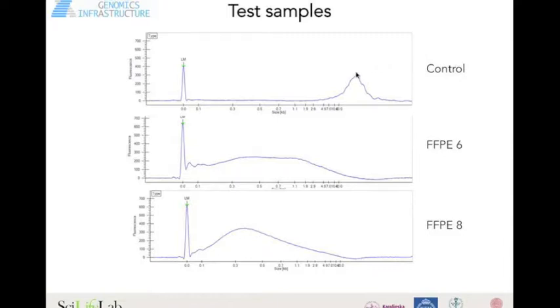You see that most of the genome is above 40 kb. Here we have two examples of bad FFPE samples which we processed, where you see that this is, for instance, 300 bases. So you see that most of the sample is degraded, and for the worst one we actually had a peak at 300 bases.